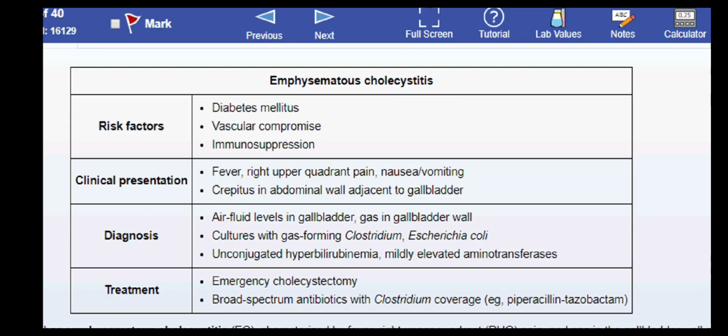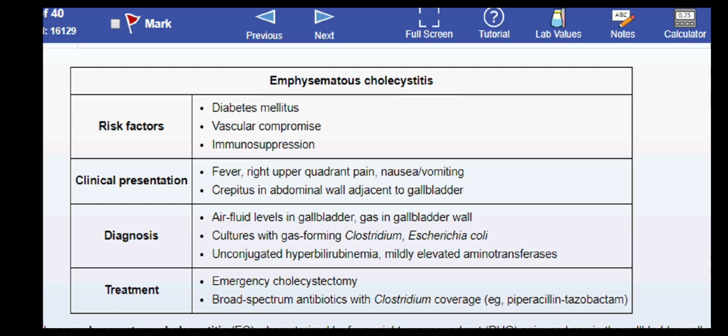We will see this in diabetes mellitus patients or those with vascular compromise or immunosuppression. If we do an AXR, or abdominal X-ray, we will see air-fluid levels in the gallbladder, gas in the gallbladder wall. We can see Clostridium or E. coli.